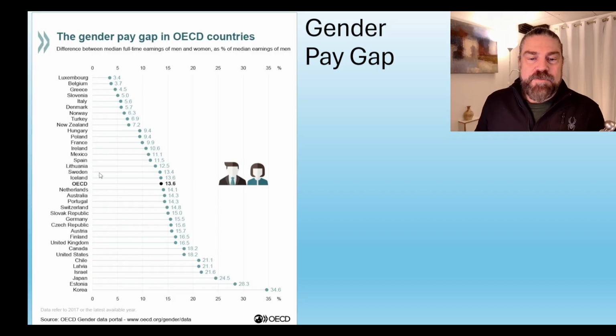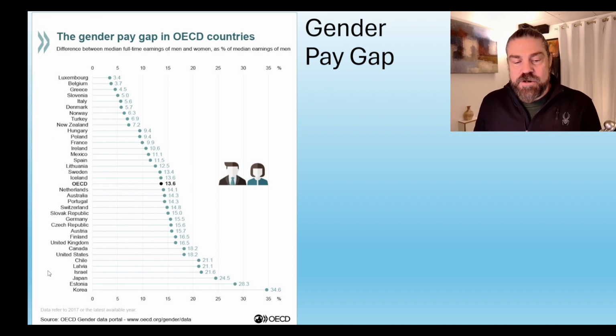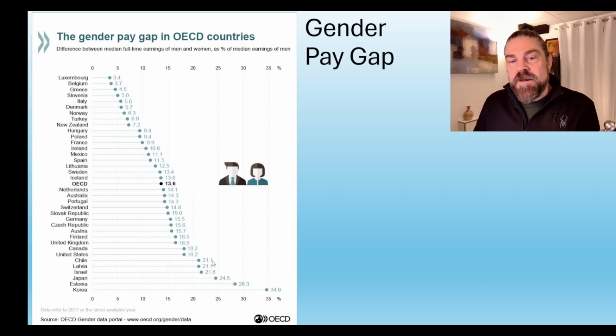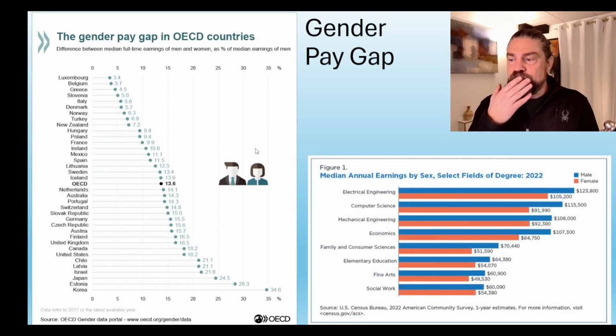That can't be a biological argument, of course, because the gender pay gap persists across different cultures, but at different levels. Some cultures like Luxembourg and Belgium have hardly any gender pay gap, but you go to Israel, Japan, Estonia, Korea, there's huge gender pay gaps. I mean, Korea, the gender pay gap is almost 35%. So there's something there to be studied. There's something there that clearly matters.